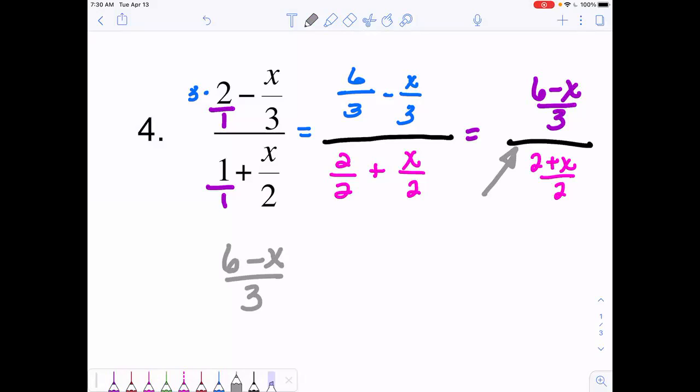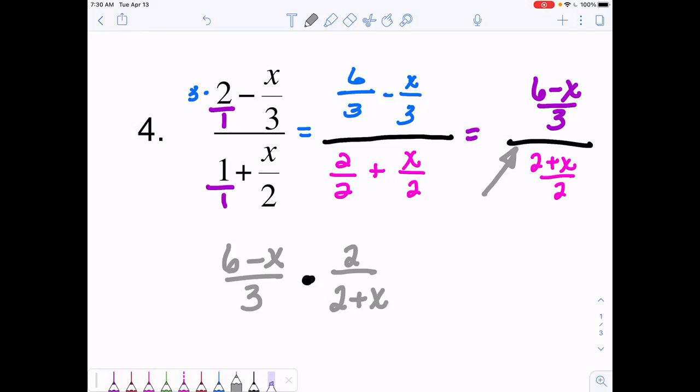Well, from section 8.4, we said division is really multiplying by the reciprocal of whatever follows the division sign, or in this case, the division bar. So we would take the reciprocal of the denominator. The numerator remains.